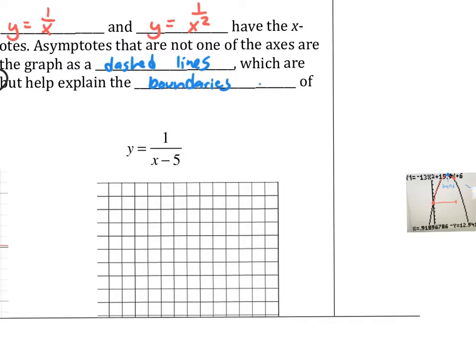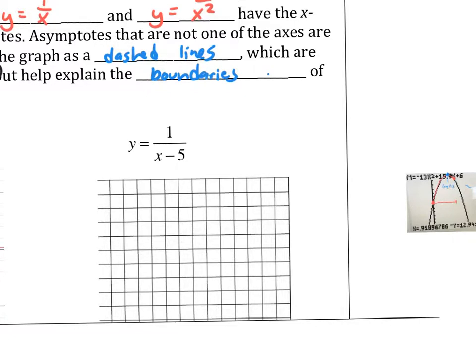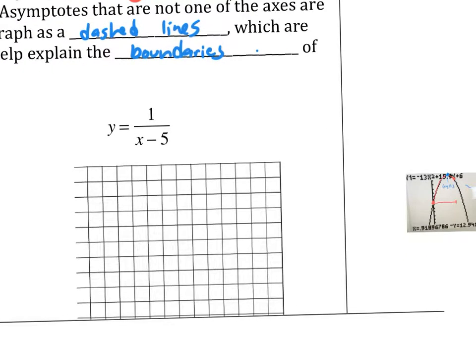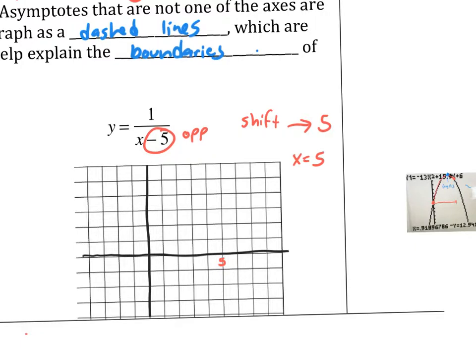All right, so now notice this one. We can graph it real quick with our calculator and see where our asymptote will be. But what we see here is the -5, and here we have to think about opposite, it is going to shift my entire function right 5. So now my vertical asymptote will be at x equals 5. So we'll have a dashed line at 5.